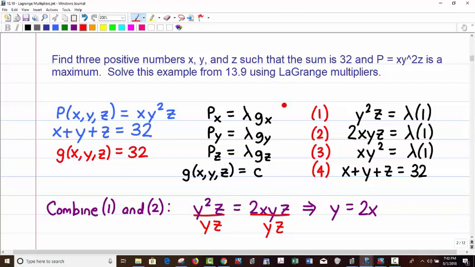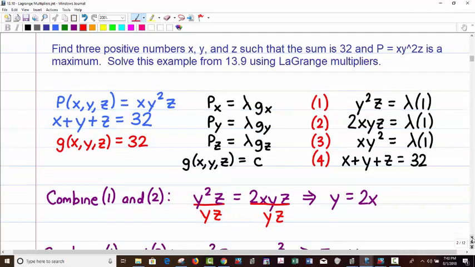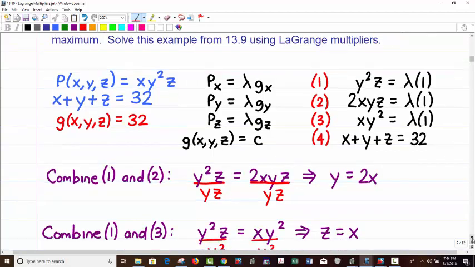So if we eliminate solutions that have 0 in them, that's all right. But keep that in mind if that wasn't the case. Let's say we were finding critical points to use a second partials test. In other words, we weren't trying to optimize anything. We wanted all critical points until we did the second partials test. You would not want to divide by variables because you wouldn't want to lose 0 solutions. But here, it's okay.